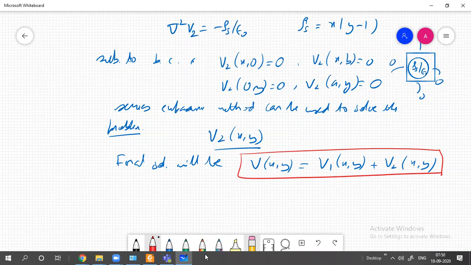Because we already know the expression for the first problem, we will write it first.